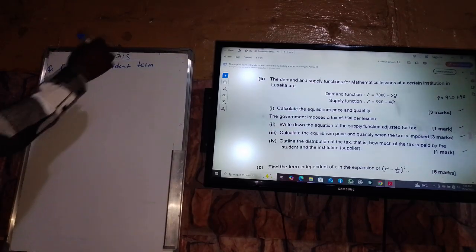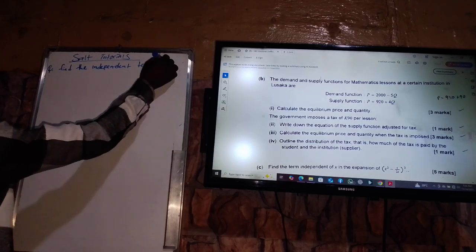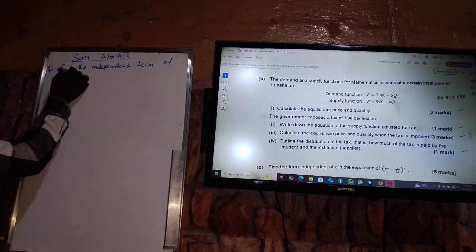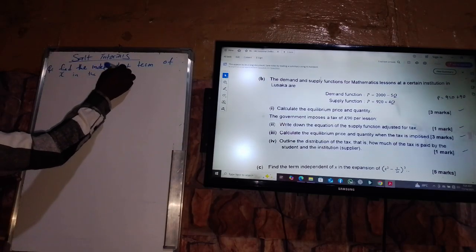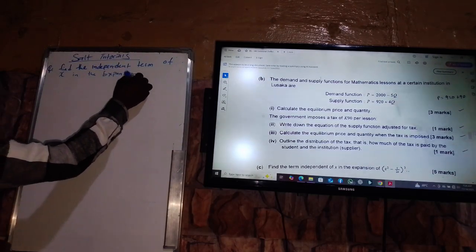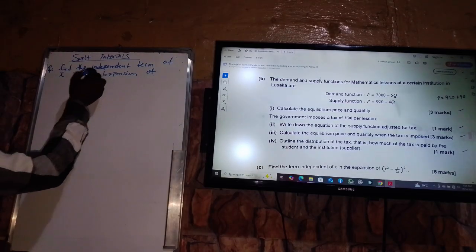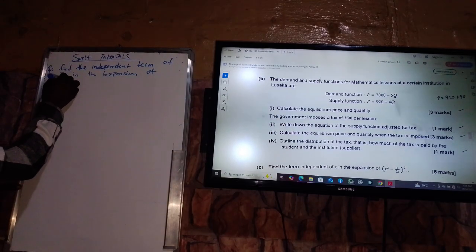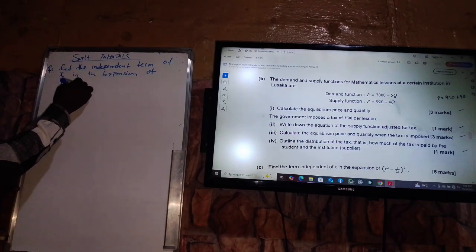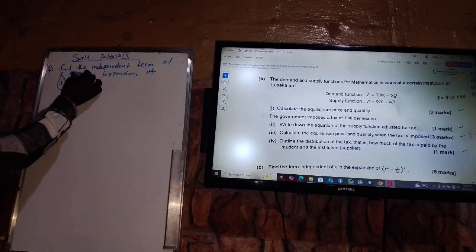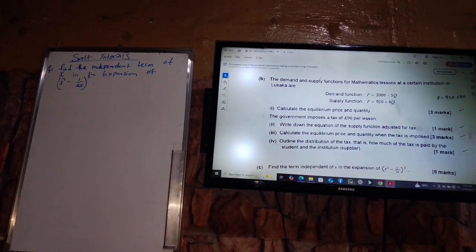Find the independent term of x in the expansion of x squared minus 1 over 2x raised to the power 3. We are looking for the independent term.